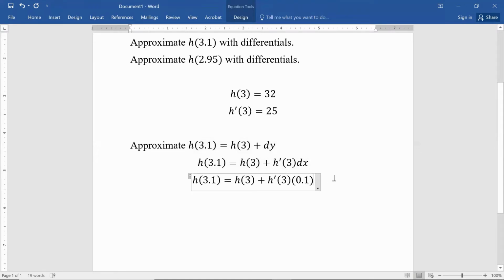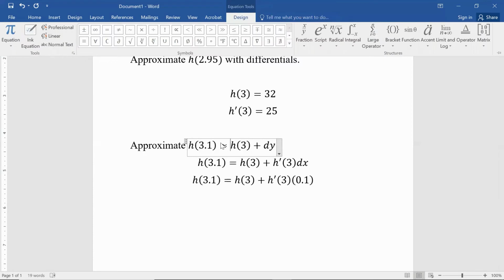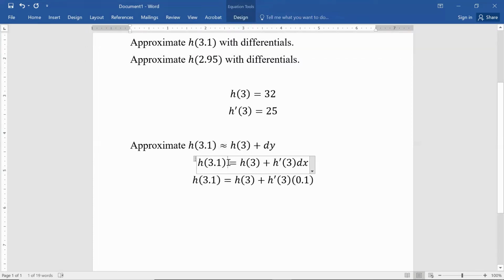Now I can plug in all of this stuff. I should have really been putting in not the equal sign, but the approximate sign. I will keep doing that. Okay, now we've put in the approximate. h of 3 would be equal to 32, like we have up here. h prime of 3 is equal to 25.